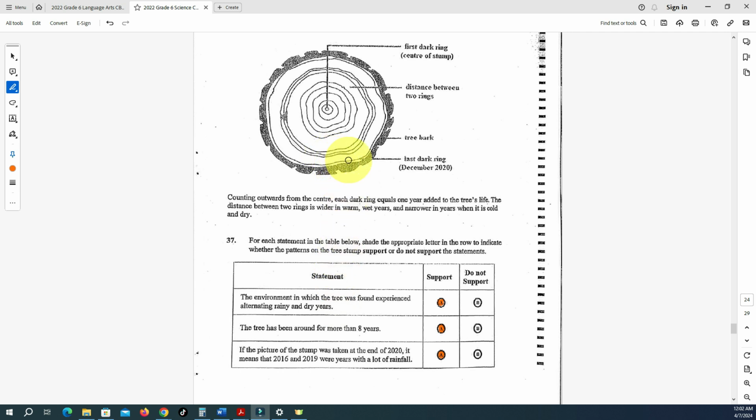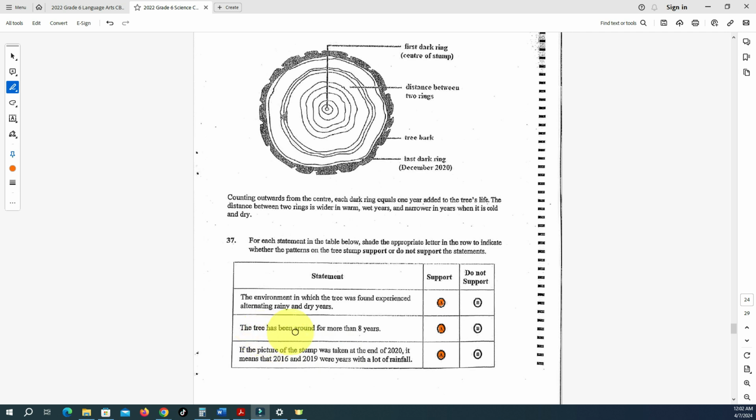I definitely say that because remember that it says the wider the rings. So sometimes you see some narrow rings, sometimes you see wider rings. So that's alternative or alternate, meaning fluctuating. So I definitely chose that it's supported.